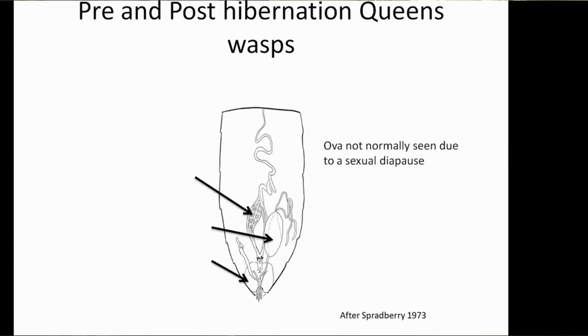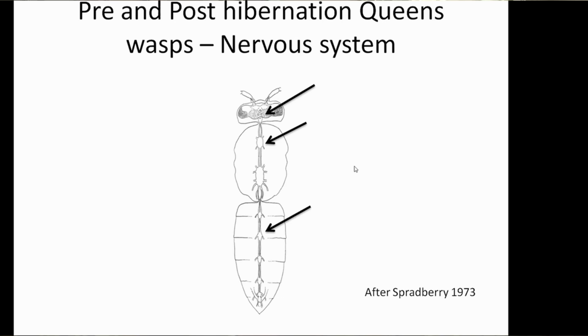I would just remind you that at this stage you would not expect to see any eggs. They are normally suppressed because of the so-called sexual diapause. Similarly, in any of the wasps, we wouldn't really expect to see much of the nervous system.